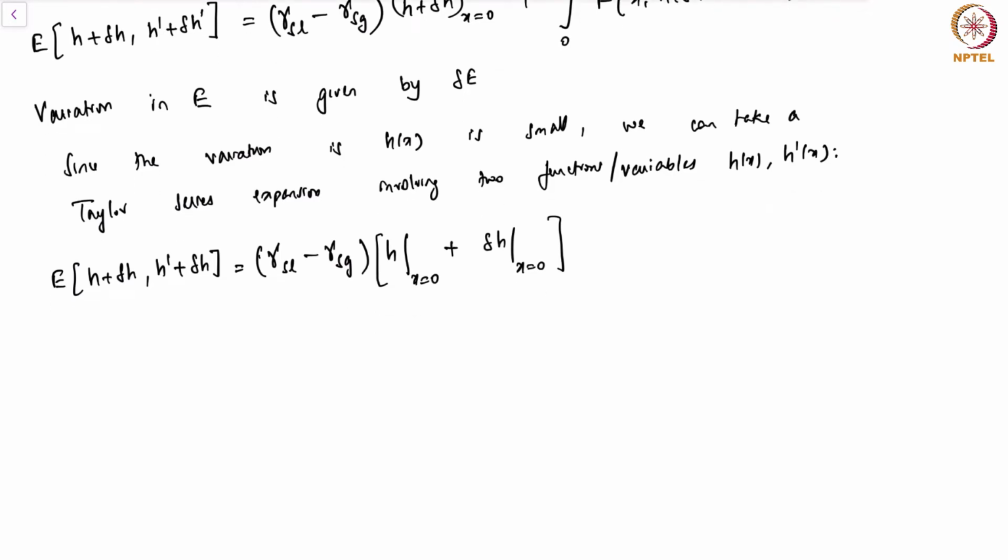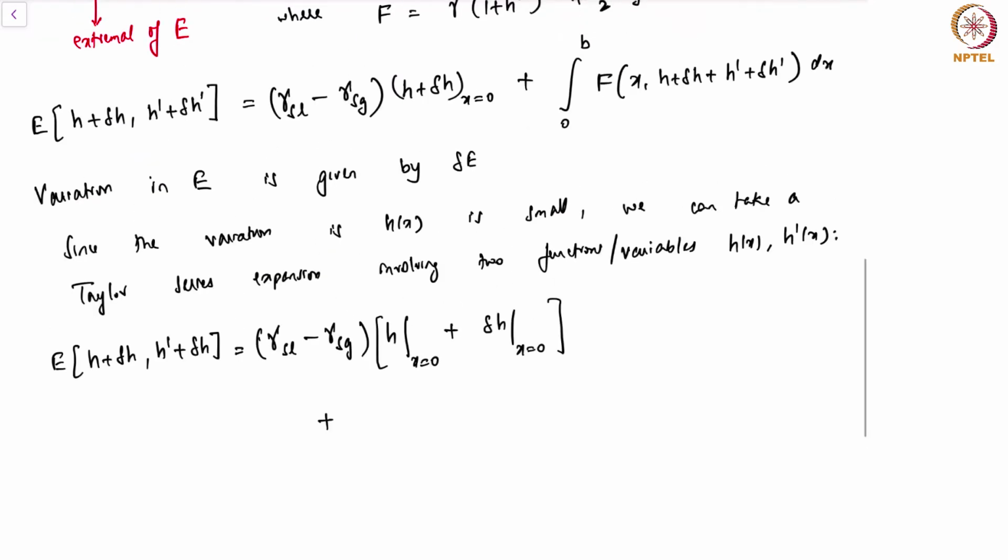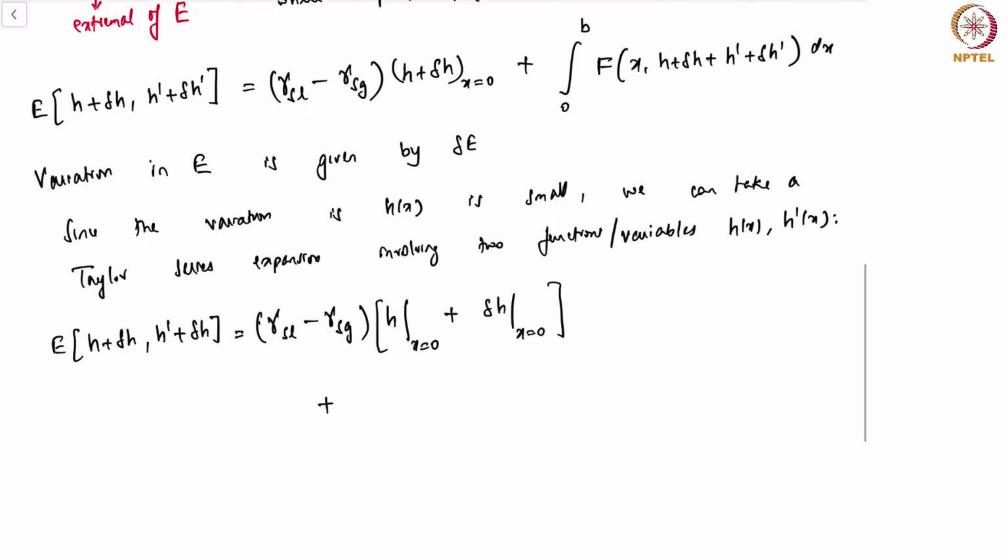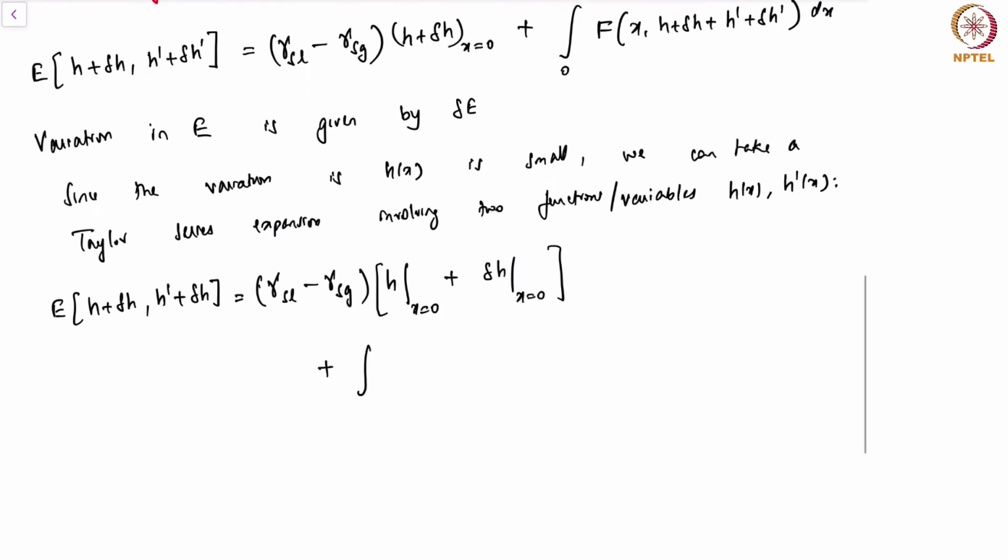Now the next term: I have to take a Taylor series expansion of this quantity f about h of x. So what we have now is the integral from 0 to b.